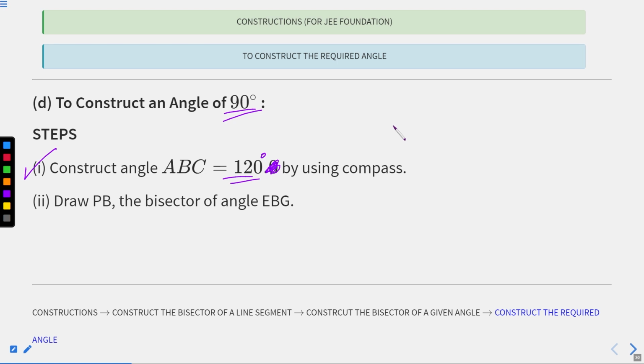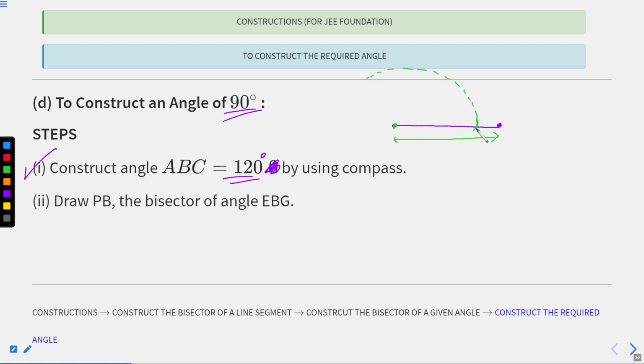So how will we do it for 120? Let me recall you. Draw any line segment with any length, take this point as our center, and mark an arc with a radius more than half of this total line segment, extending this arc like this.